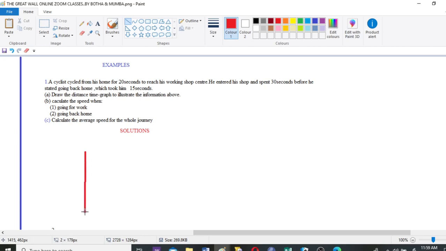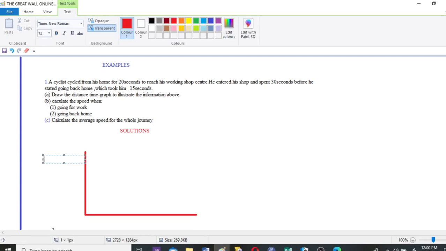So we have distance against time. We have distance there and the time on the x-axis. Time will always be on the x-axis, and distance will be on the y-axis. So here we have distance. This distance is being measured in.